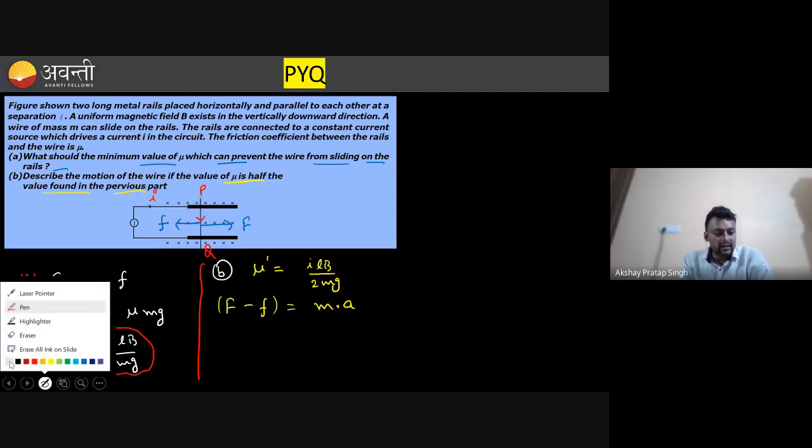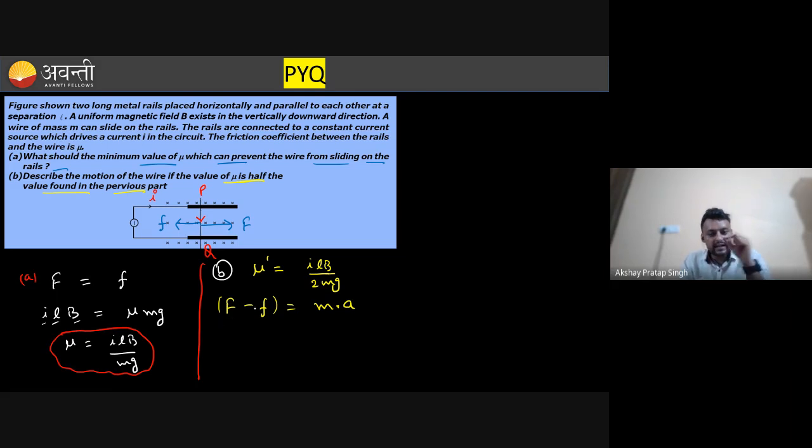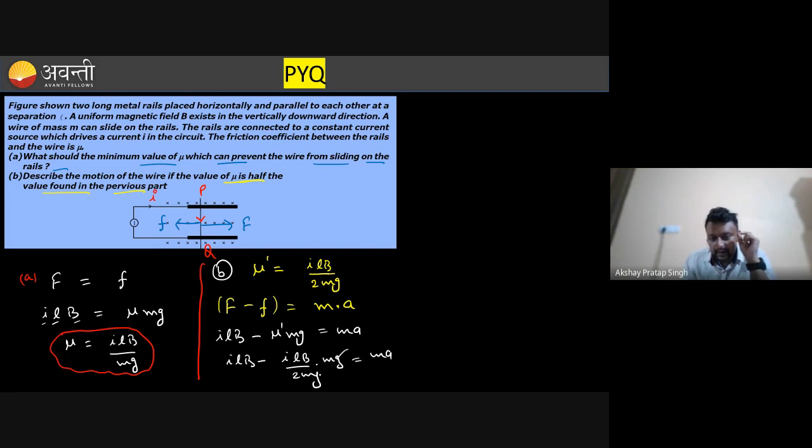Now, what is the magnetic force? ILB. What is friction? That is mu mg, or you can say mu dash mg, is equal to ma. Put the values. ILB minus mu dash, which is ILB by 2mg, into mg is equal to ma. mg and mg can be cancelled.